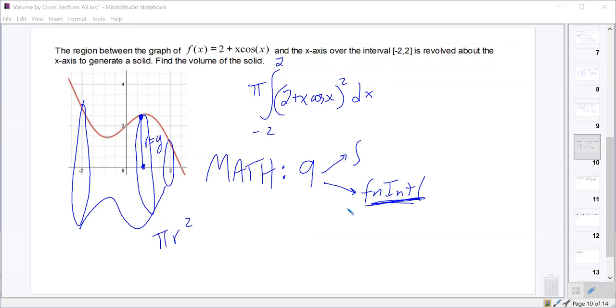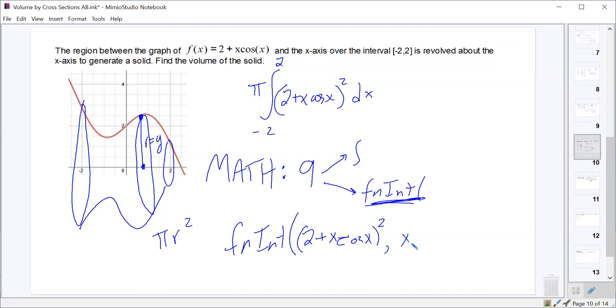So if yours says f(n) int, you'll have your f(n) int parenthesis. Then you're going to type in your function, 2 plus x cosine x squared. Then you're going to type a comma. Then you're going to type an x. Then you're going to type another comma. Then you're going to type your lower limit, and then another comma, upper limit, and then close your parentheses. And hit enter.